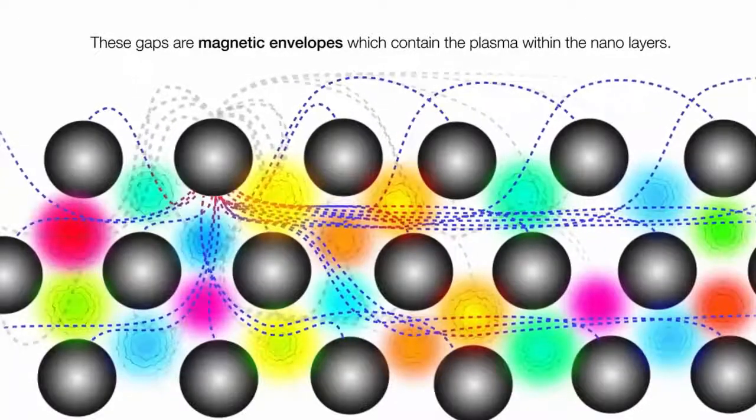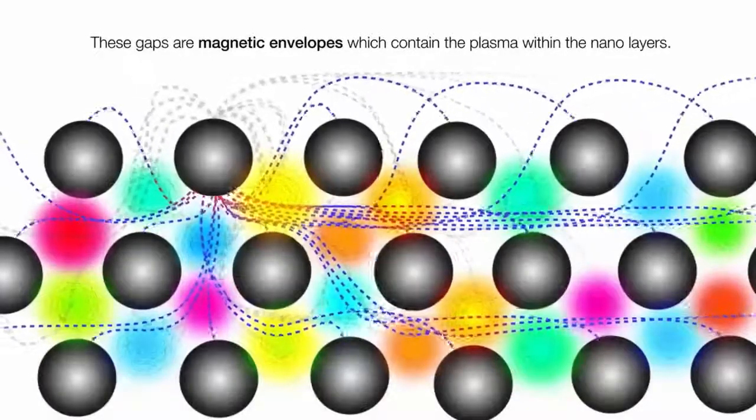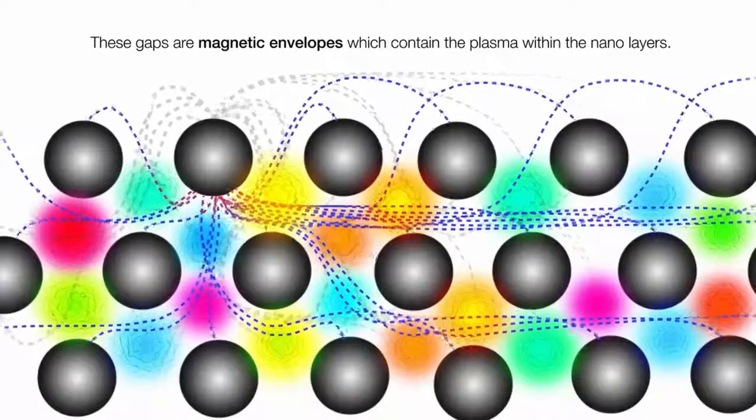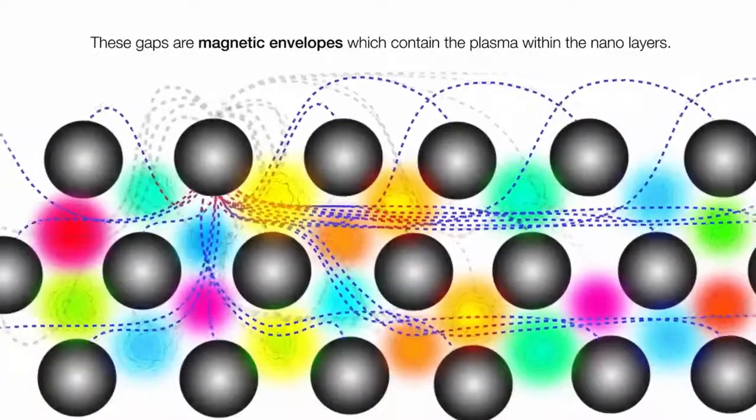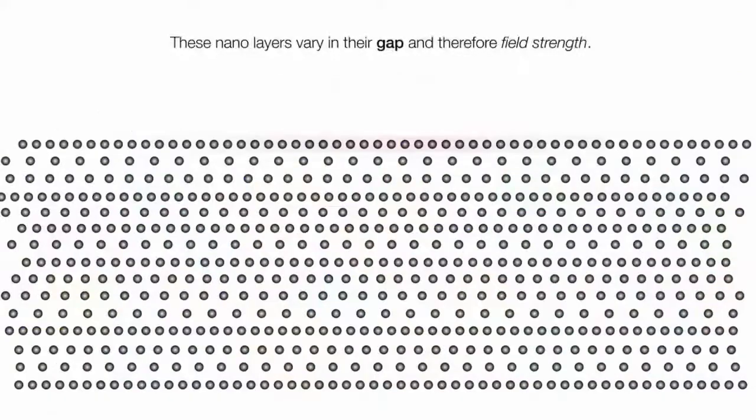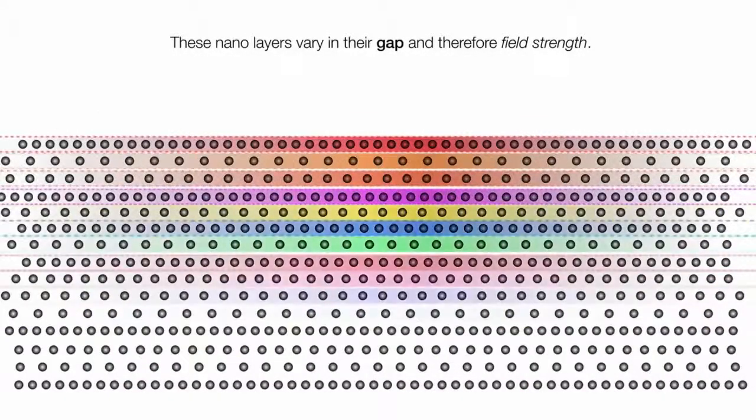These gaps are magnetic envelopes which contain the plasma within the nanolayers. These nanolayers vary in their gap and therefore field strength.